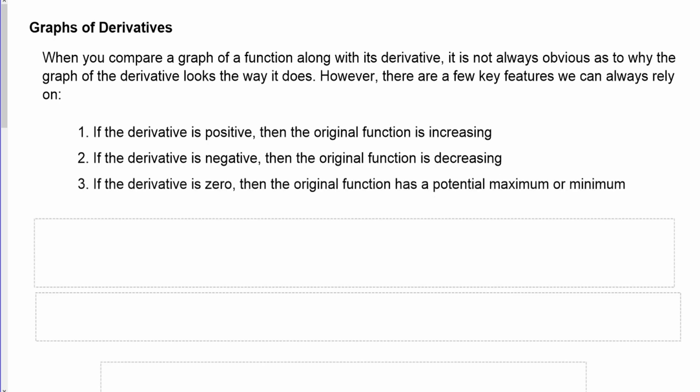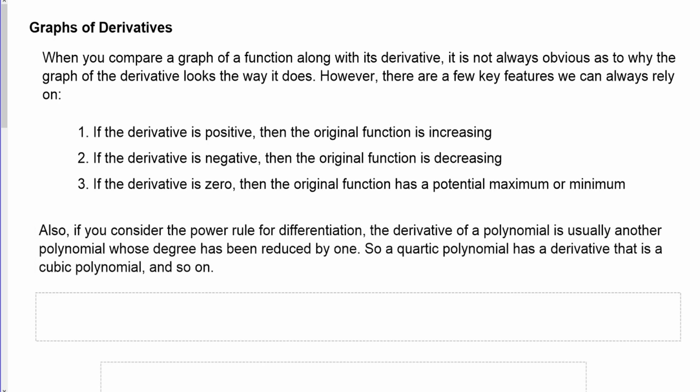If the derivative is 0, then the original function is either on an interval that's constant, or it has a potential maximum or minimum, which is probably more likely the case because we're not generally looking at constant intervals. Another thing we can count on, if you consider the power rule for differentiation, is that the derivative of a polynomial is usually another polynomial whose degree has been reduced by 1.